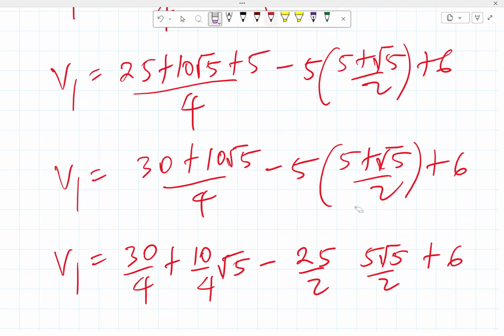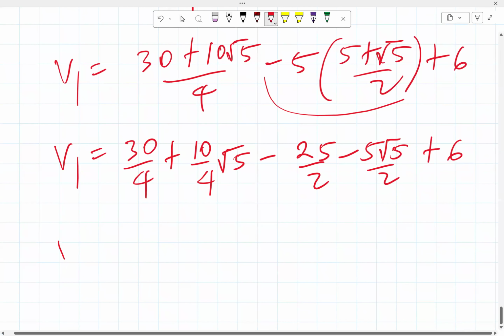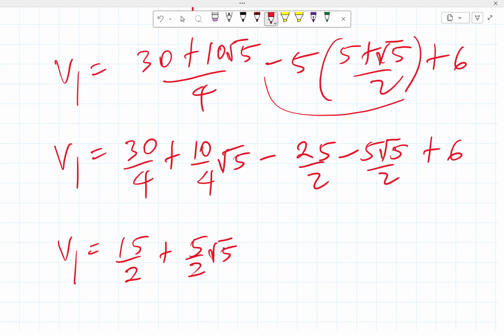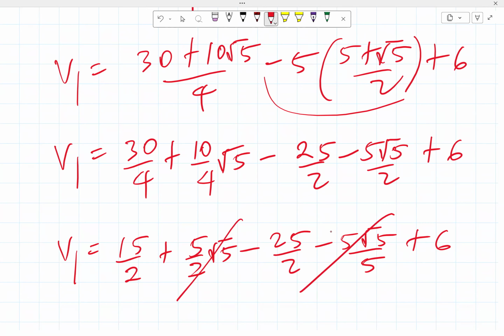Okay, this should be minus here, because we split this open, that's minus minus. So V1, we can go 15 over 2 here. Here we have 5 over 2 root 5 minus 25 over 2. Then we have 5 over 2 root 5 plus 6. Thankfully, this can cancel out.